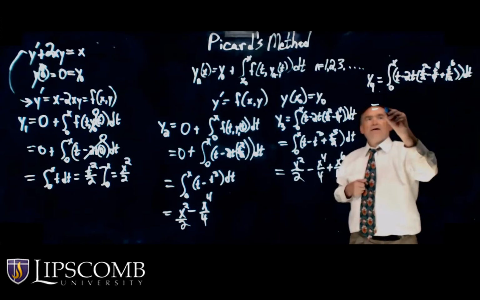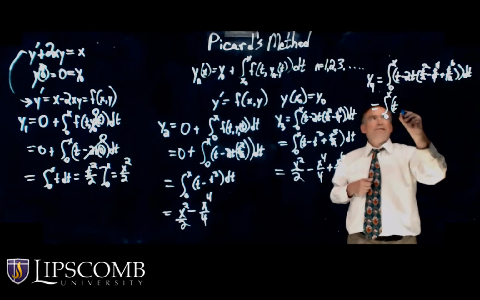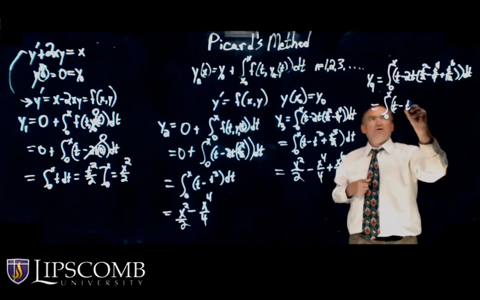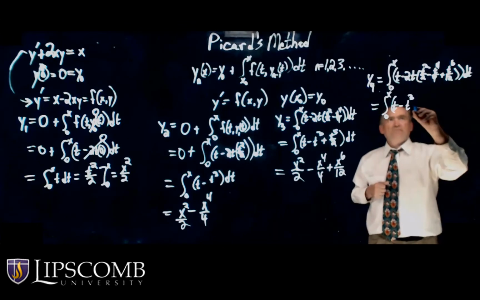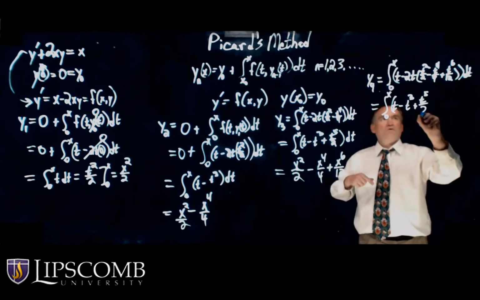So I get the integral from 0 to x of t minus t cubed, and if you haven't noticed, I'm getting the same thing as before, plus t to the 5th over 2.